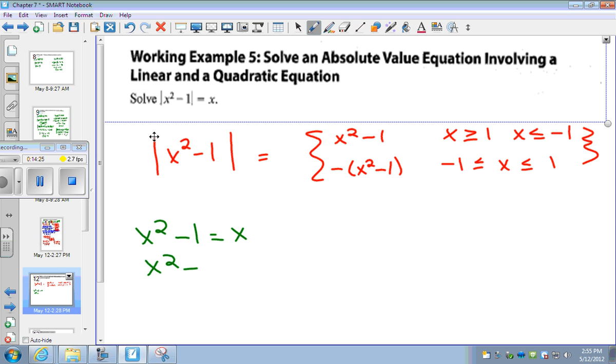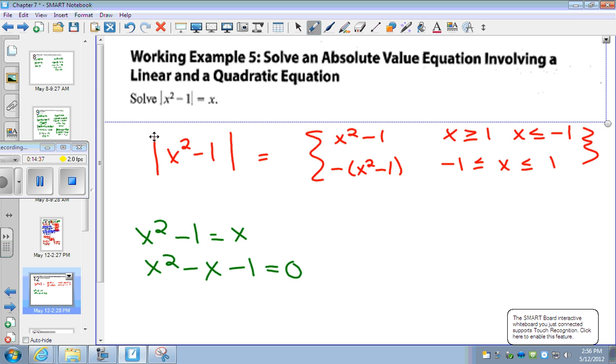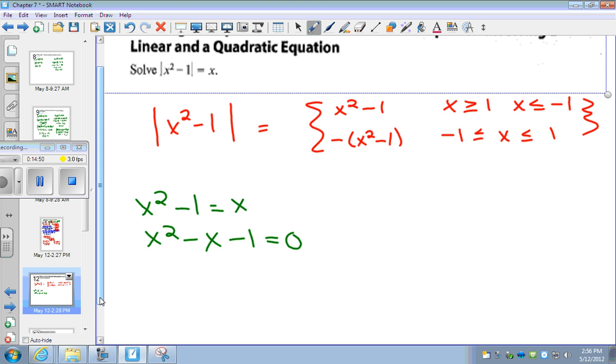So are there such numbers? And my smartboard is freezing. Okay, two numbers such that they can add to be negative 1 and times to be negative 1? No, so we're going to quadratic formula this again.